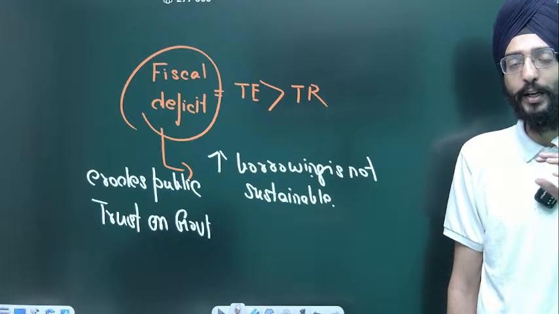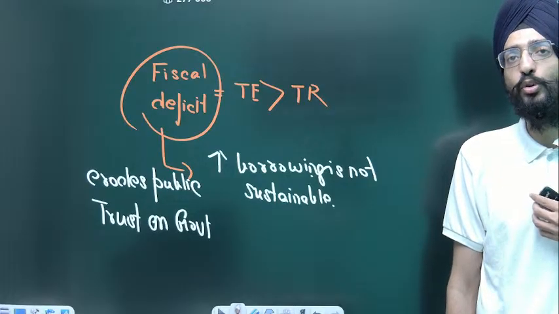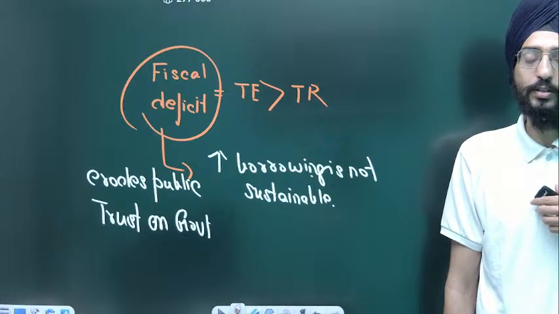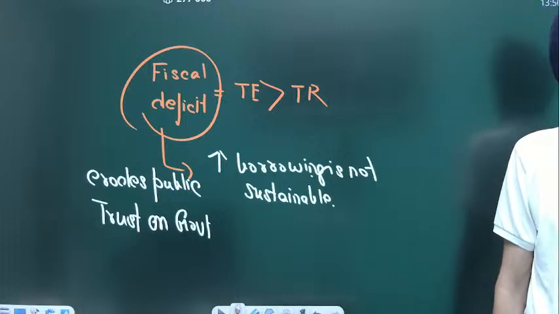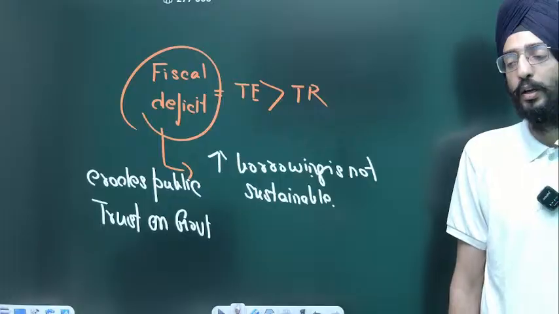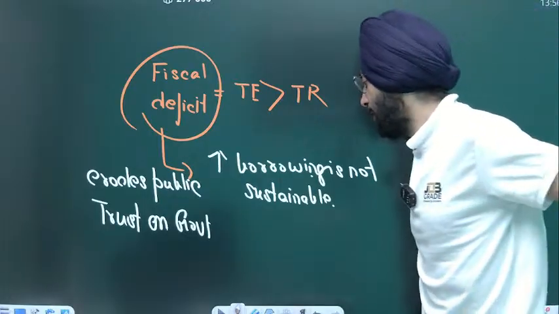But at the same time, it needs to be calculated very precisely. You can't take risks and say let's spend without giving it thought. That's not going to help the economy in the long run. That's exactly what is happening with the US right now, and it's facing a debt crisis at this moment. So I hope you got these points. Let's move on to the next thing.